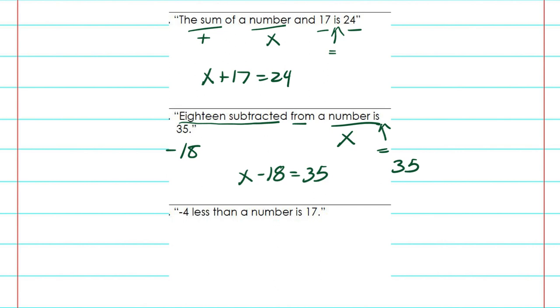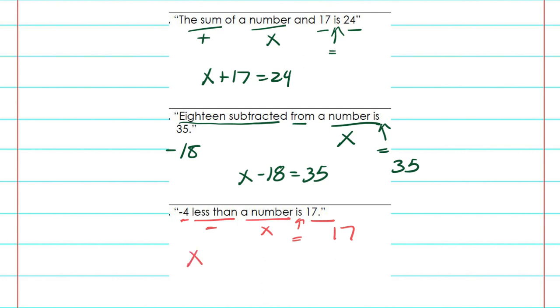So last one, negative 4 less than. I'm going to subtract that from that. Remember, less than is one of those turnaround words, meaning this is going to come after something, less than. Less than a number, no clue what that number is, we're going to call it x, is, keyword again, means equal, 17. Okay, so negative 4 less than a number.